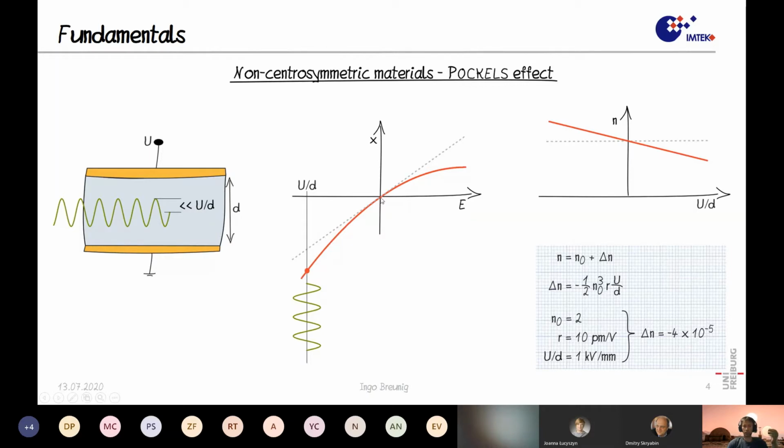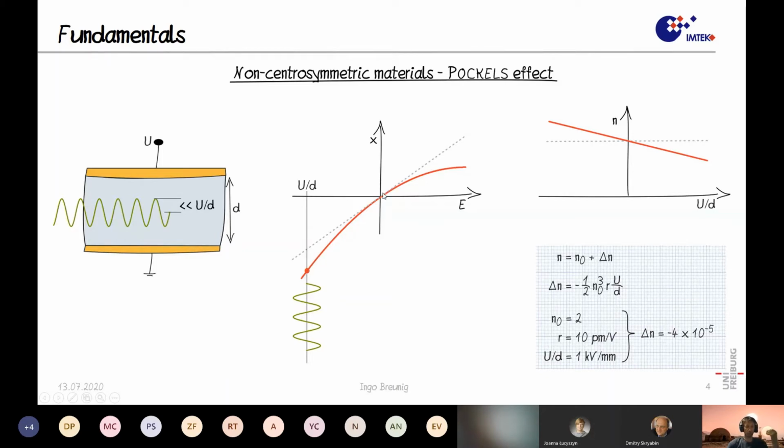If we apply an electric field, the voltage divided by the distance of the electrodes, then the light field thinks that it is in a centrosymmetric material having just a larger slope of this function x versus E, compared with the point around zero here.